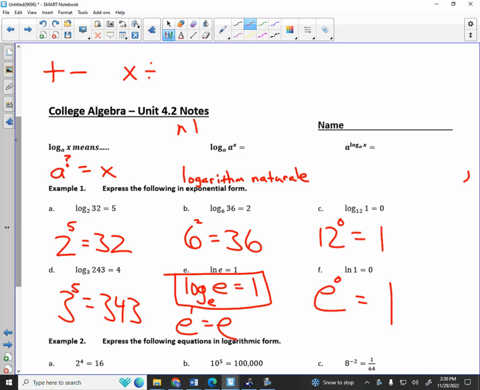Your brains are naturally wired to want to do those things, and they're not as naturally wired to do the others. That's factual. We see evidence in nature that these things happen more easily and these don't. The same is true with exponentials. So would you rather do 4 squared is equal to 16 or log base 4 of 16 is equal to 2? We all agree that we prefer the first, right?